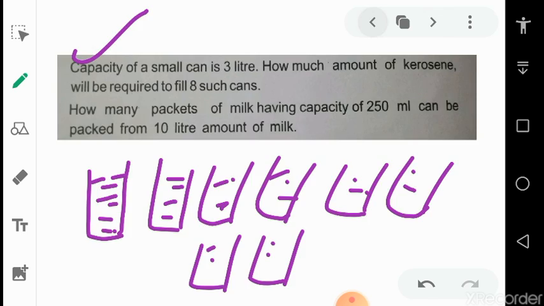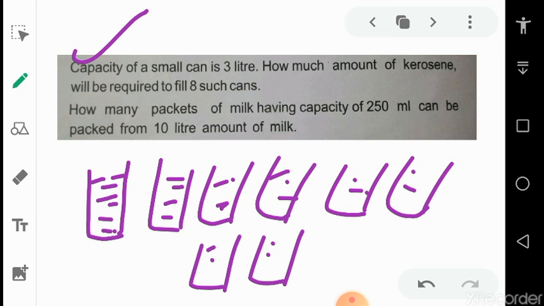Next question is: how many packets of milk having capacity of 250 ml can be packed from 10 liter amount of milk? Now this question is somewhat different. The capacity of a packet is 250 ml and we have to find how many packets we can make out of 10 liter of milk.